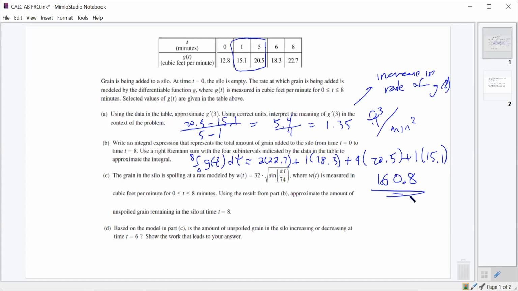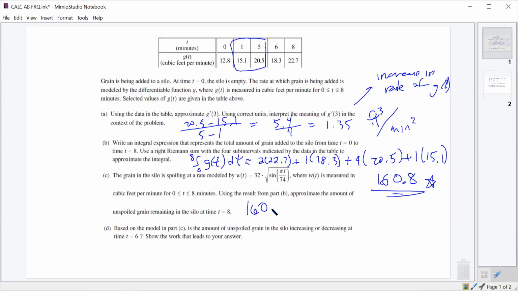Good with that? Yeah. Part C, we've got the grain is spoiling at this rate. We want to know, using our amount that was in the silo from part B, approximate how much unspoiled grain is in the silo at 8.